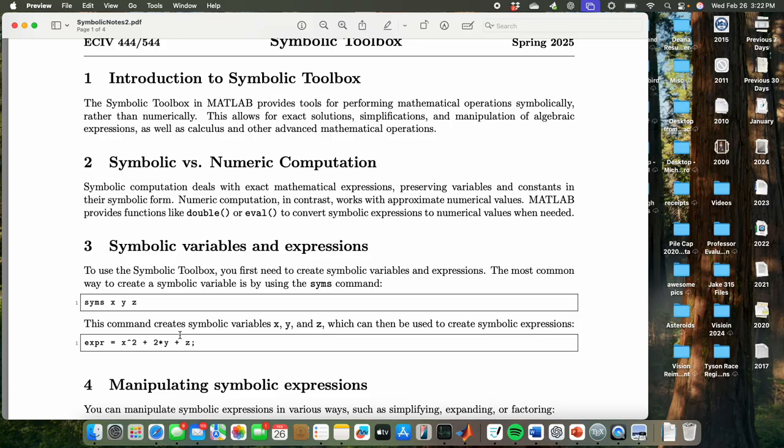But then in the last 10 years or so, they realized sometimes you want to solve stuff analytically, right? An example would be in your homework problem with the projectile. I gave you the equation, and you had to solve for Tmax. If you really want to solve for Tmax and come up with an equation for Tmax, MATLAB can't help you with that normally unless you use the Symbolic Toolbox.